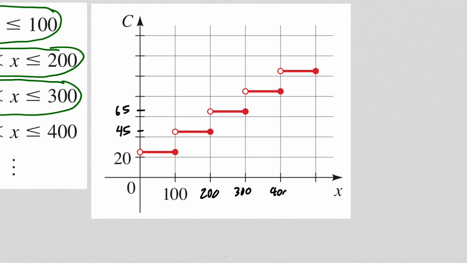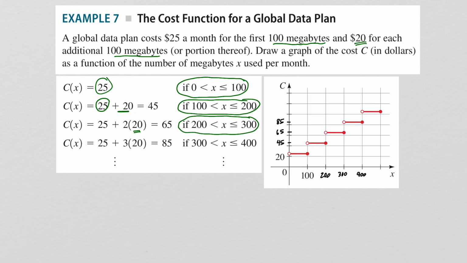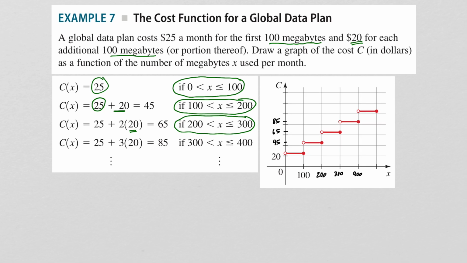Between 300 and 400, your bill will now be $85, etc. Okay, so basically, when you get past a certain point, it jumps up to the next value, and it stays there until you get to the next breaking point. So this is an example of how a step function can be used in the real world.